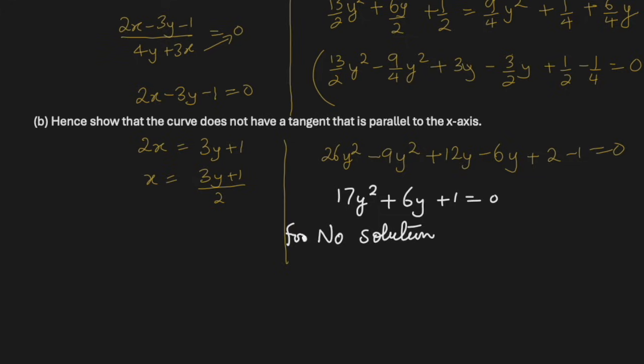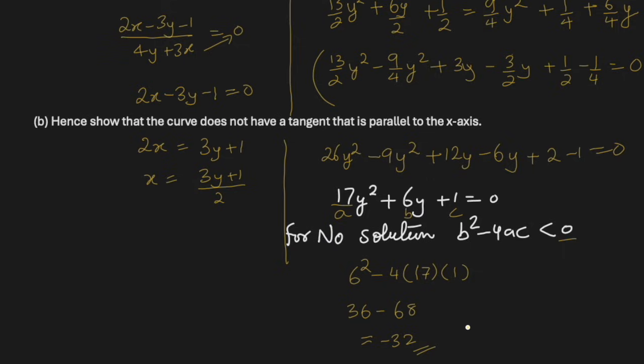And then for no solution, b square minus 4ac, the discriminant, has to be less than 0, a negative number. What is a, b, c in this case? This is a, this is b, and this is c. So it will be 6 square minus 4 times 17 times 1 has to be less than 0. Yeah, so it's 36, and yes, 17 times 4 is 68, which gives negative 32, which is less than 0.